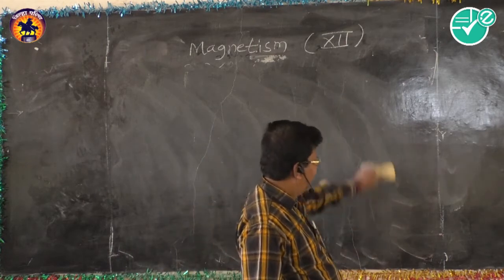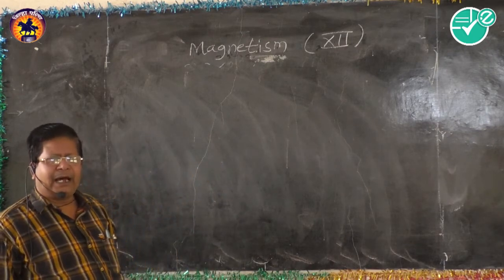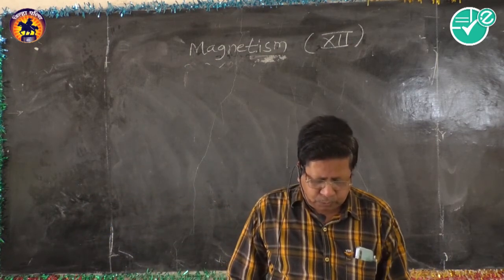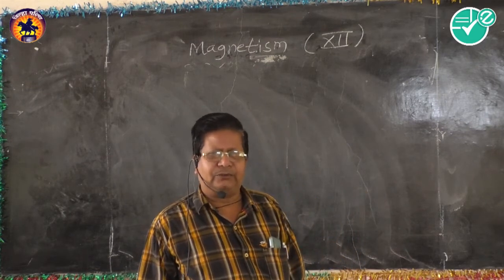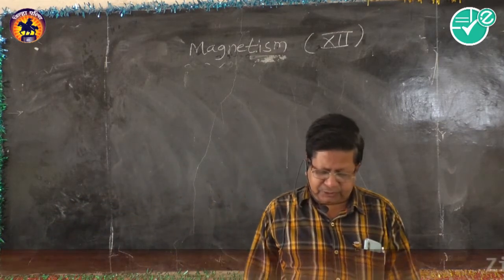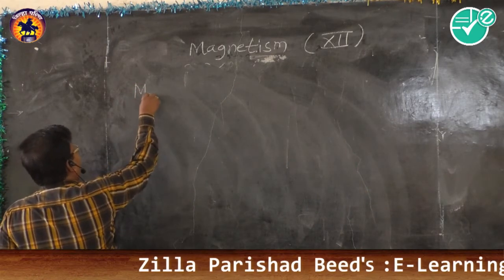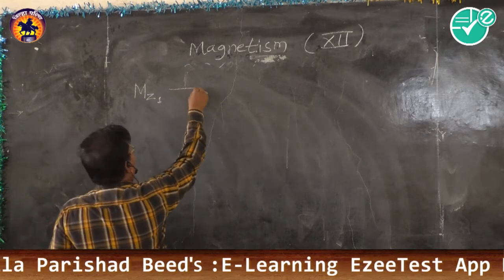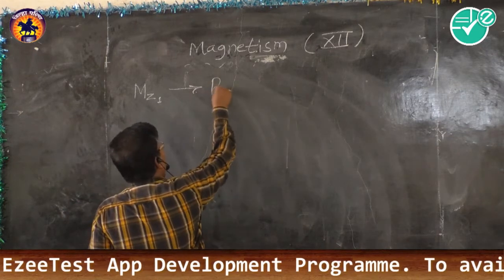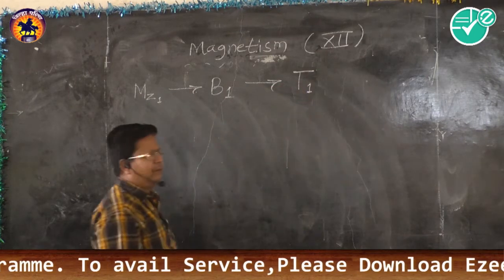If there are two magnetic fields, two absolute temperatures, and two intensities of magnetization. Suppose the paramagnetic substance has magnetization Mz1, and corresponding to this magnetization, the magnetic field is B1 and the absolute temperature is T1.